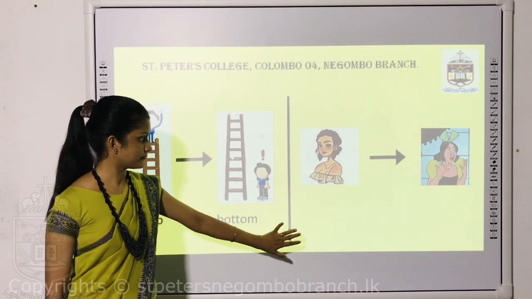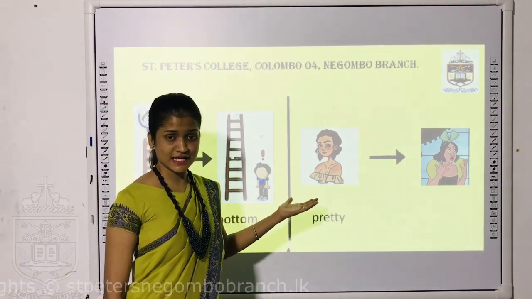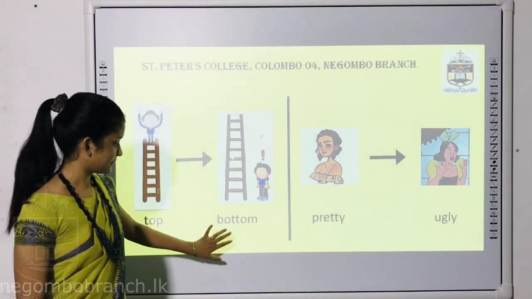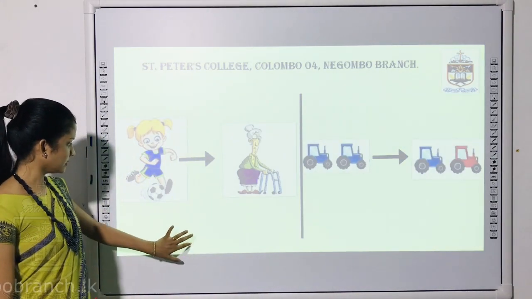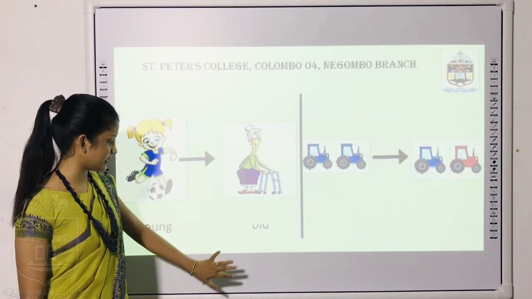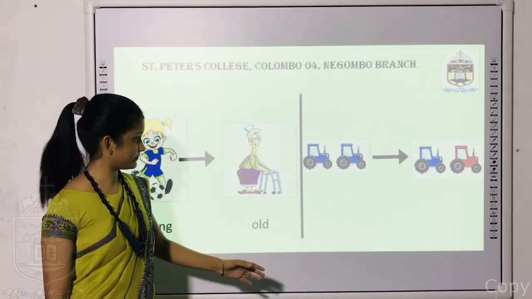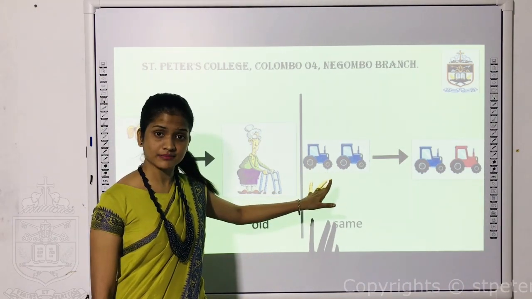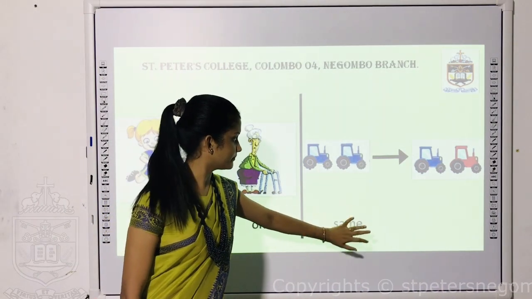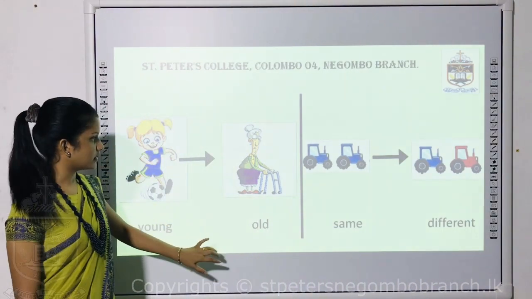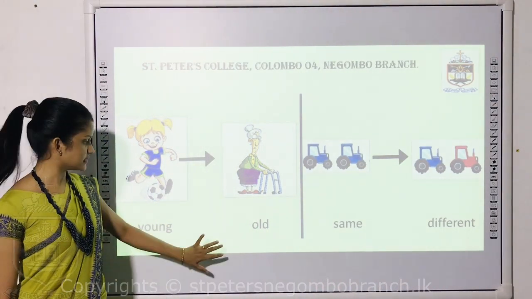Bottom. Pretty. Ugly. Next one. Young. The opposite word for young is old. Same. What is the opposite word? Different. Okay, very good. Now we will move to the reading part.